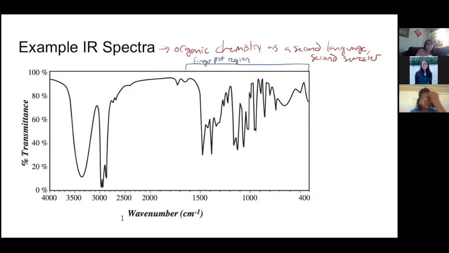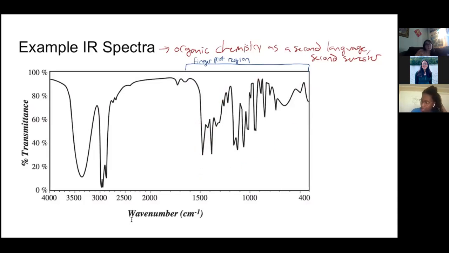And generally, we don't use absorbances in this region when determining functional groups in 3570 because oftentimes it's really difficult to identify a particular region here, and it takes an expert to be able to interpret the data because it's different for each molecule. So that part's important. The data here is specific to the molecule, so don't worry about this part too much.